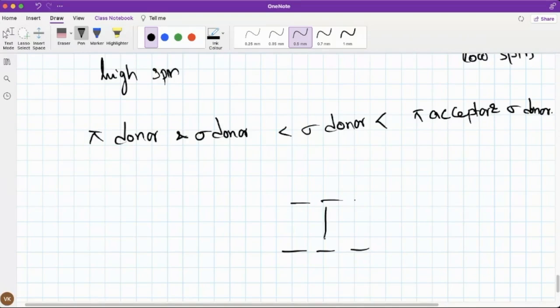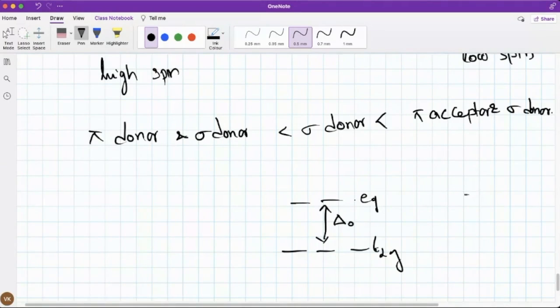Okay, this is the delta naught, let's say. What happens here? It decreases the T2g energy level. This is Eg, this is T2g.